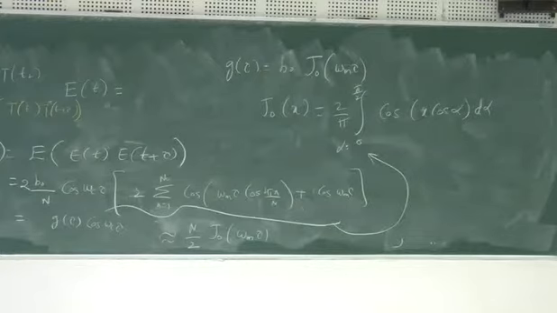Cos omega m tau, so x is omega m tau, alpha is replaced by 2 pi n by N, n ranging from 0 to N naught, and the 0th part comes out.